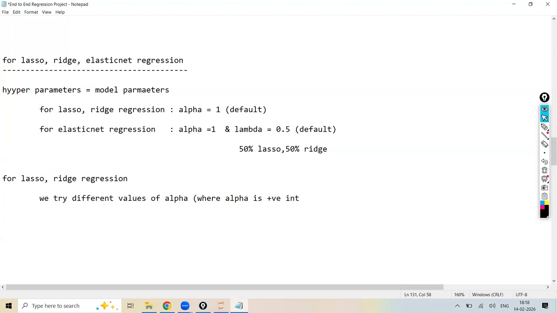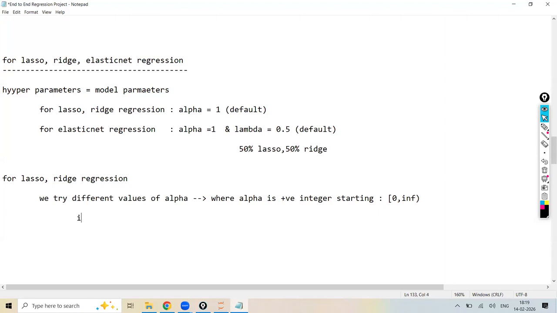It is not a float, only a positive integer, starting from 0 to infinite.